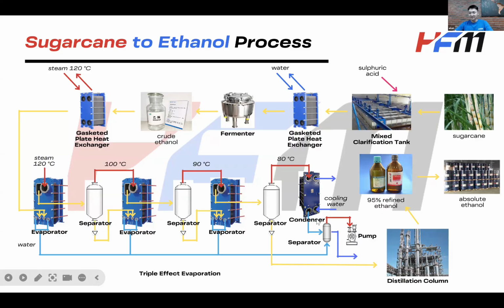After this process, most of the water is removed, but to remove more water from the ethanol, it is fed into the distillation tower for further purification. After this process, we get relatively high purity ethanol. That's the basic process of ethanol production from sugarcane. And of course, if you have any questions, we'll talk about them in the Q&A session.